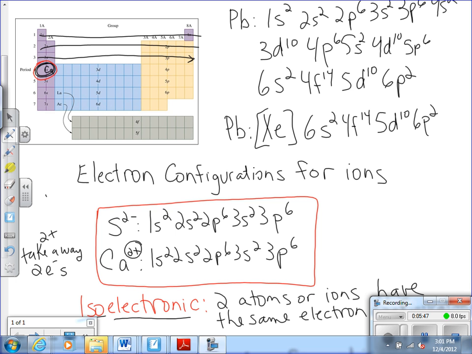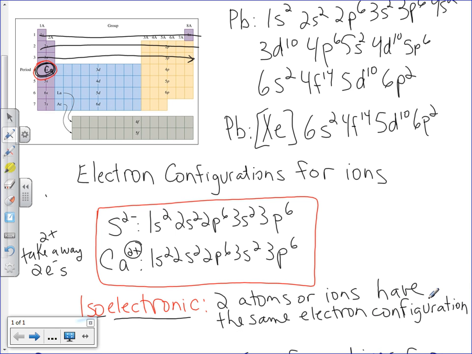And there's one more little interesting tidbit here, which is the shorthand configuration. So notice for this S2 minus right here, I ended at the end of a row right here, 3p6. So it's kind of like I ended at a noble gas.